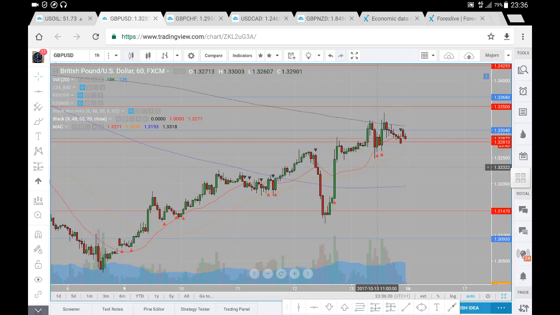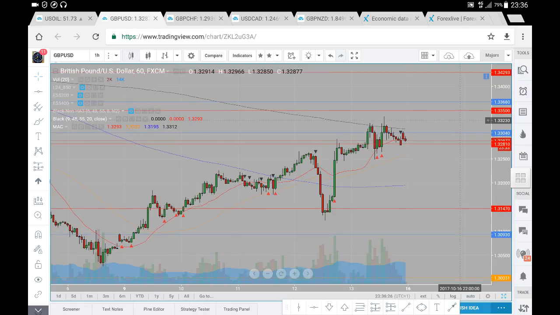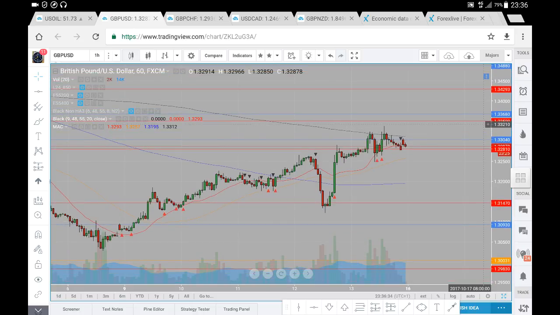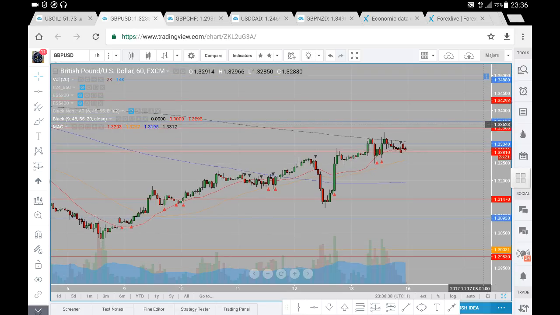So a successful break, if prices do squeeze, consolidate, and break upwards above 133.04, as well as this higher time frame moving average, you'll be looking at a short-term target of 133.50, over which 134.29 is a medium-term target, and 134.88 above that.